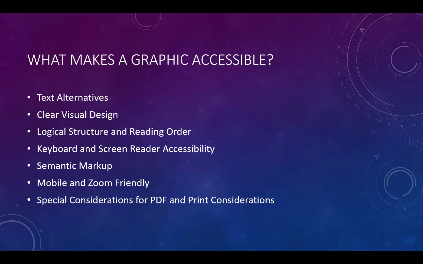So the high level list is on the slide, but I'm going to read out some of the subparts of these. So text alternatives: providing alt text for graphics, using long descriptions. And by the way, there's going to be a web address that you can go get all this, so you don't have to write it down.